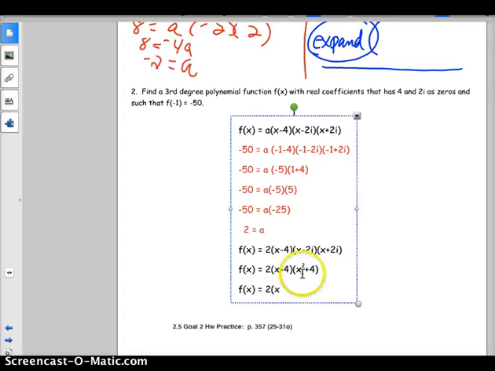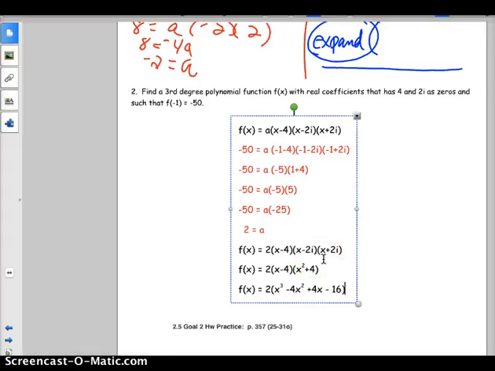X times x squared is x cubed. That's the first. And then the inside is minus 4x squared. The outside is plus 4x. And then the last is minus 16.